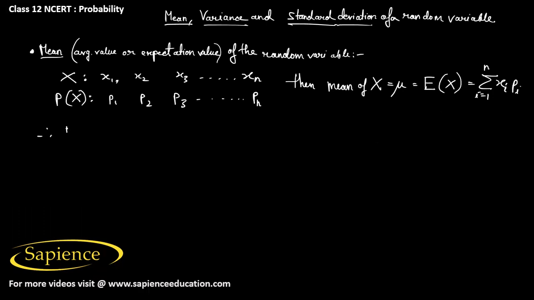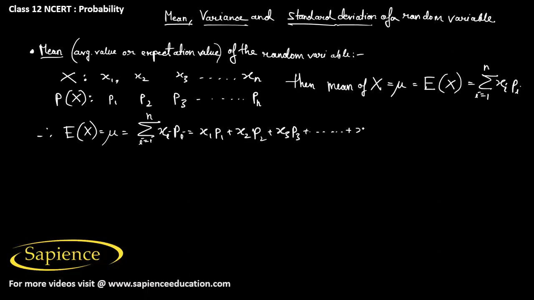Therefore, the expectation value of the random variable x, denoted by mu, is equal to summation i goes from 1 to n xi pi, which equals x1 p1 plus x2 p2 plus x3 p3, and it goes on till xn pn.